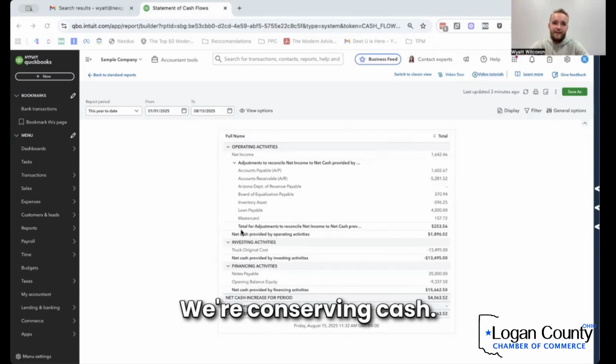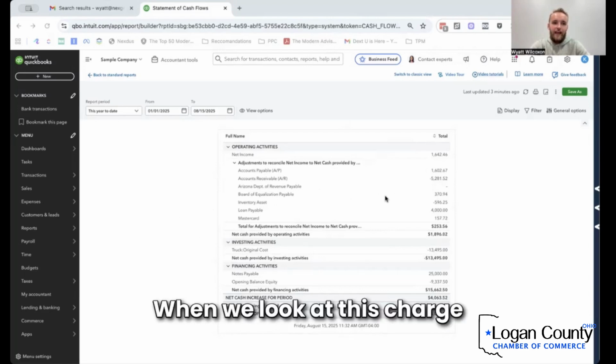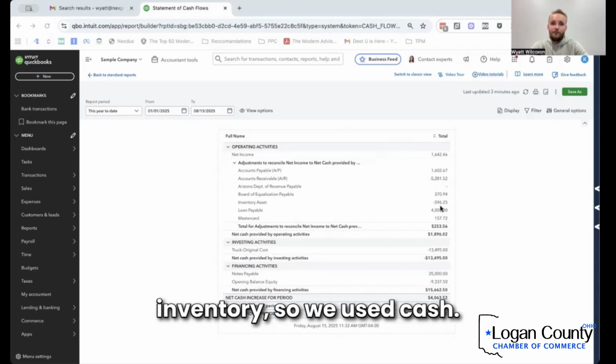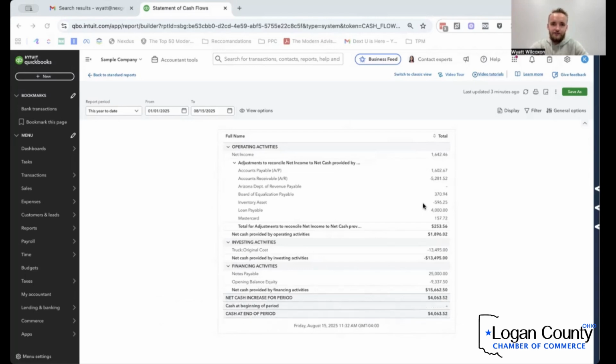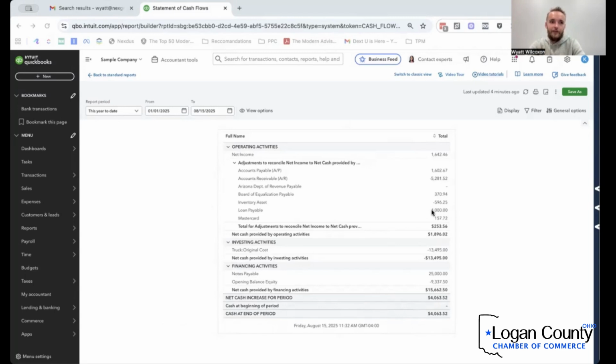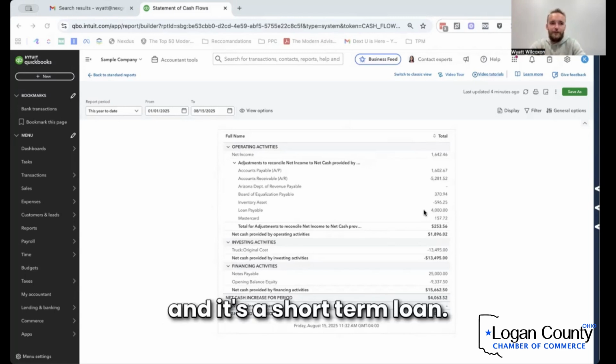We're conserving cash. When we look at this charge for $596.25, we bought more inventory, so we used cash. Looking at this loan payable, it's a liability and it's a short-term loan.